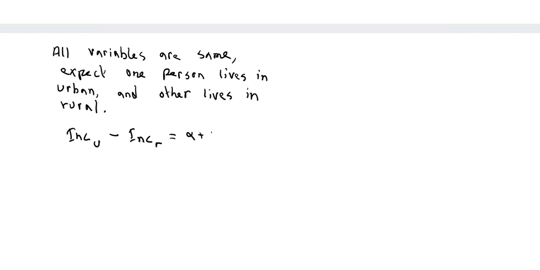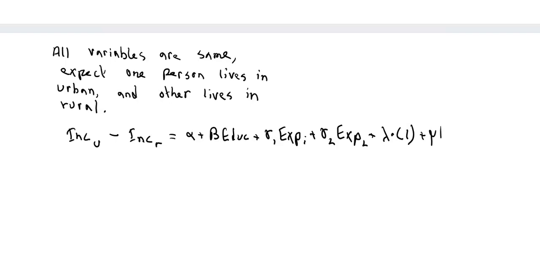So alpha plus beta education plus gamma 1 experience plus gamma 2 experience squared plus lambda times urban. Urban we said is 1, plus mu of parents' income. And we are even saying that the other shocks are the same.